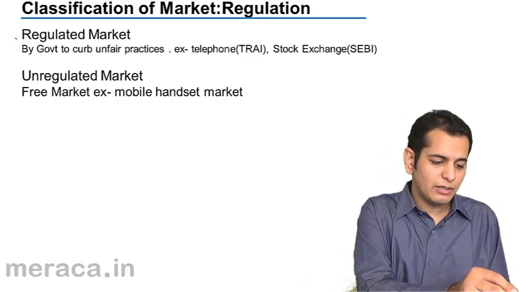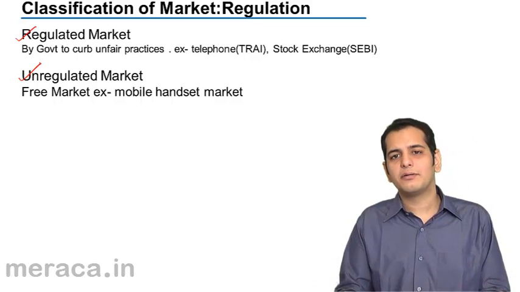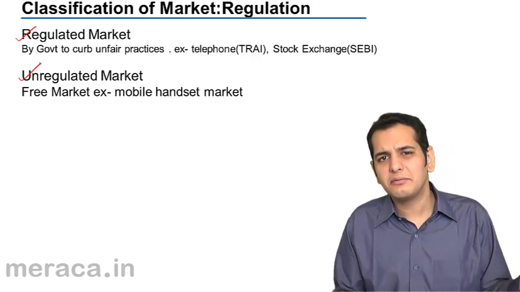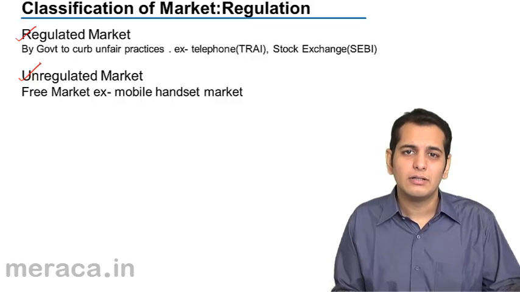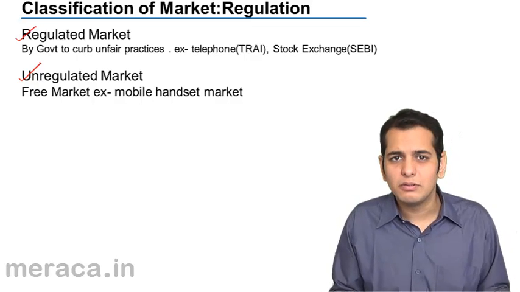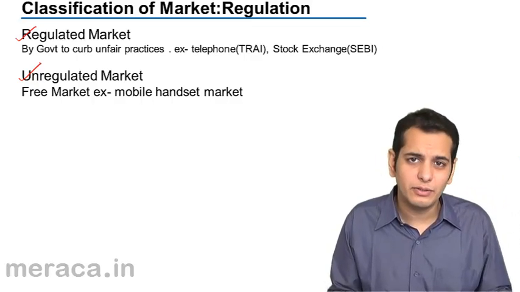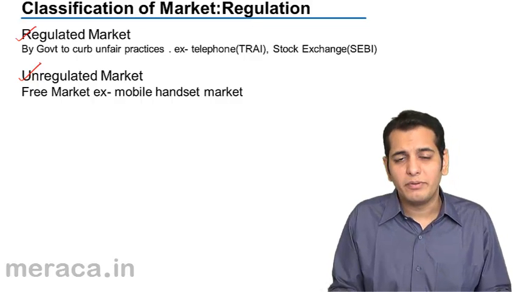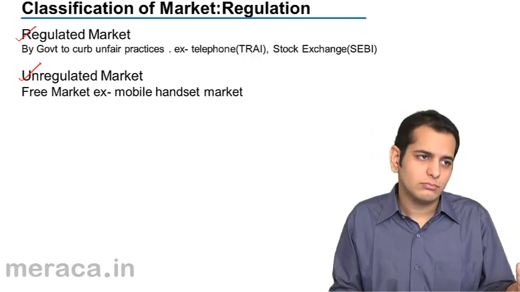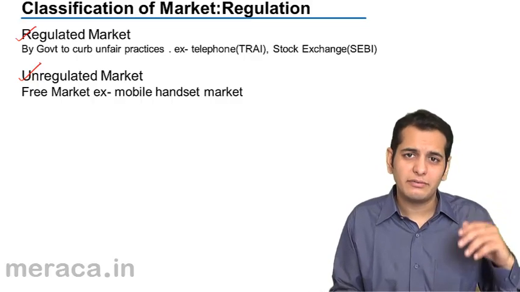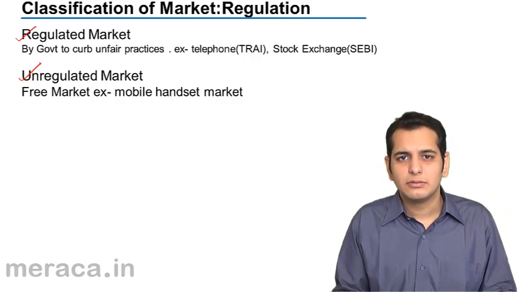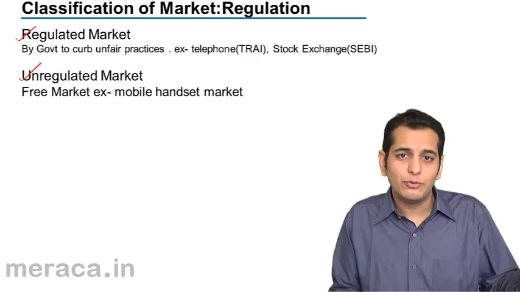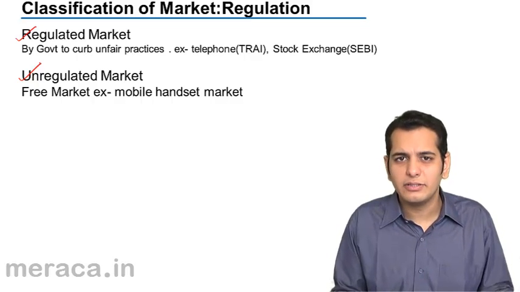The other kind of markets is the unregulated market. An unregulated market is a normal market like a vegetable market which does not have any regulatory body, or maybe a market for agricultural products. It does not have any regulatory body. A market wherein you buy and sell garments does not have any regulatory body.